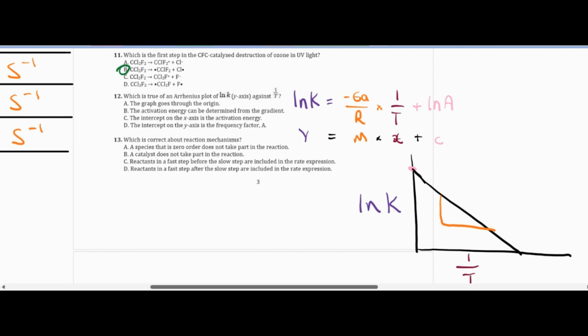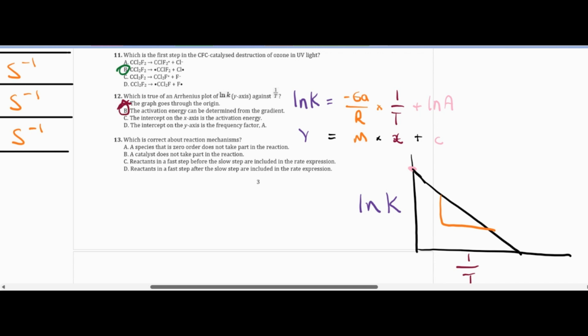So then, knowing this, the graph does not go through the origin. The activation energy can be determined from the gradient. It's not the gradient itself, but it can be determined from it.